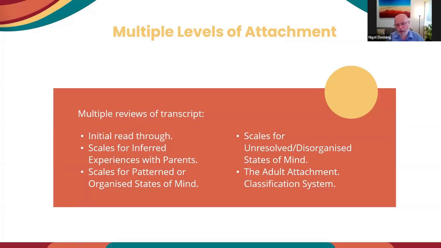And then finally, we go through looking for unresolved and disorganized states of mind, and then the adult attachment classification system itself, which is just a detailed definition of what each of the attachment styles are. So we're really spending quite a bit of time going through the transcript multiple times, looking for different sets of features with each read through.